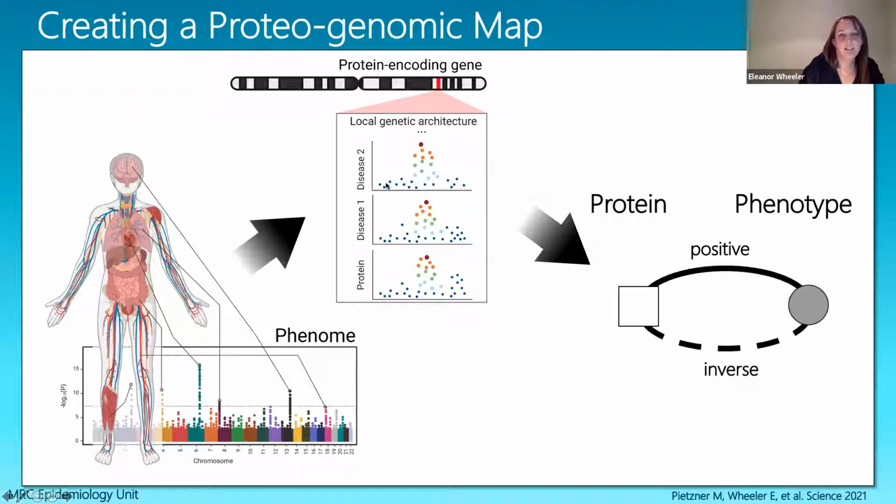And we looked to see whether there was a shared genetic signal between diseases or phenotypes and protein levels, and then created a map showing positive directions, so increased protein, increased phenotype or increased risk, and inverse directions.